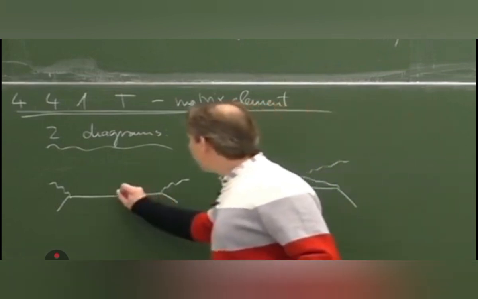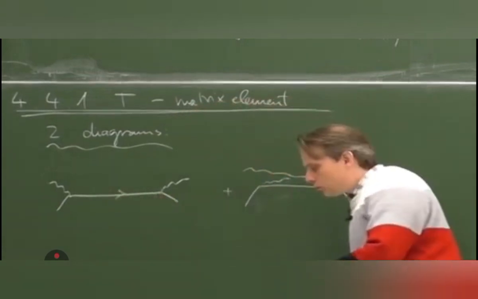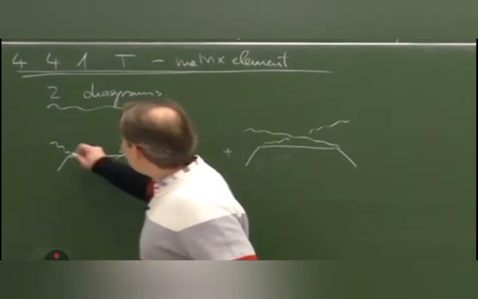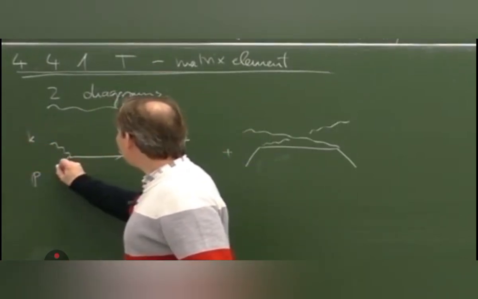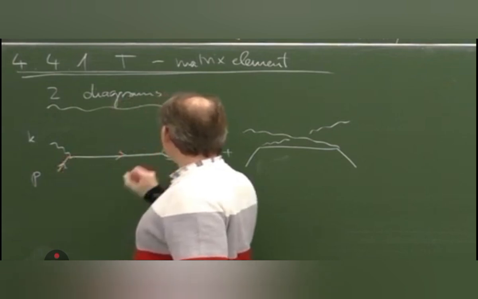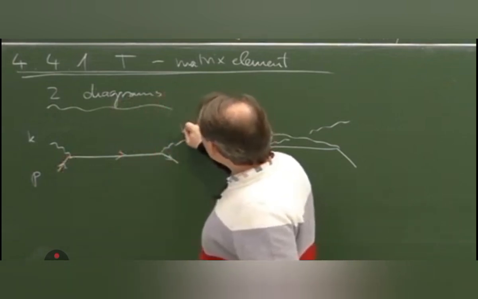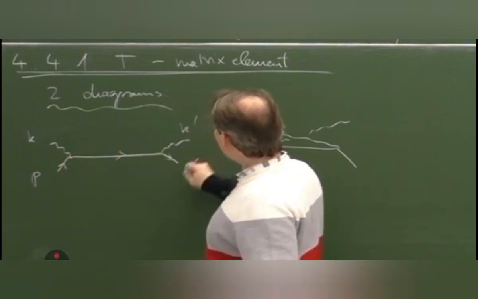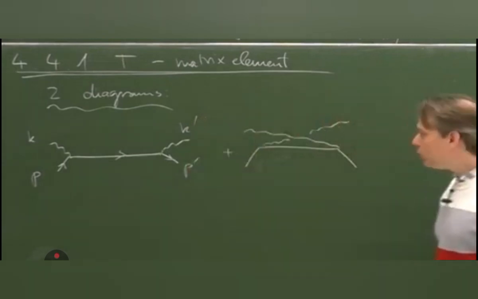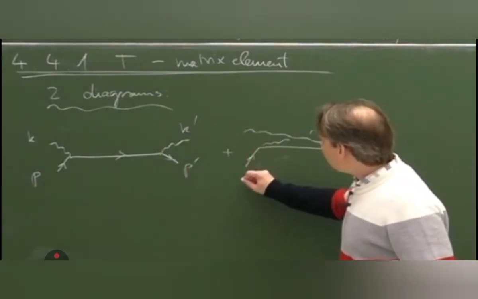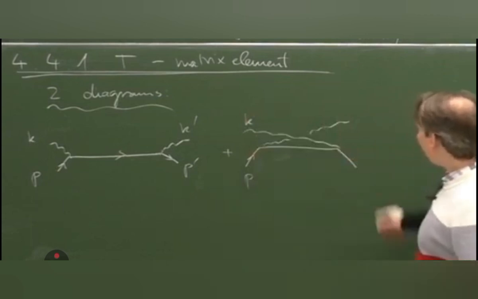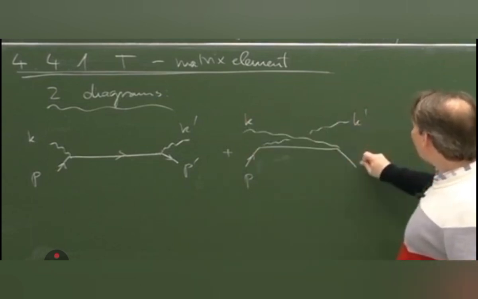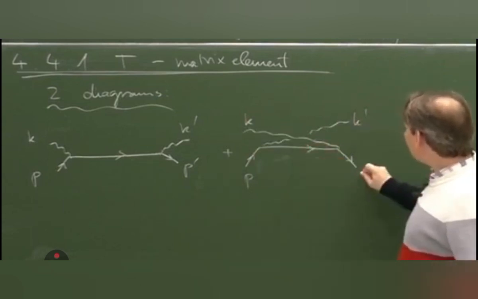And so let's write down all the details. So here we have incoming the photon momentum k and the electron momentum p, and the arrow goes like this. And here we have outgoing the momentum k prime and outgoing momentum p prime. Here we have the same, incoming momentum p and incoming momentum k, outgoing momentum k prime and outgoing momentum p prime.